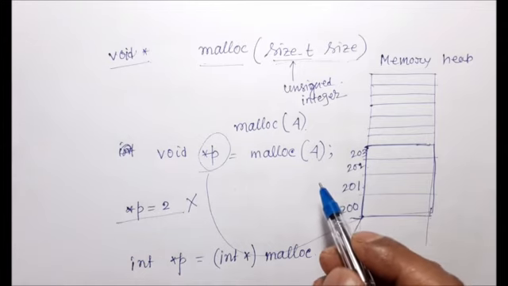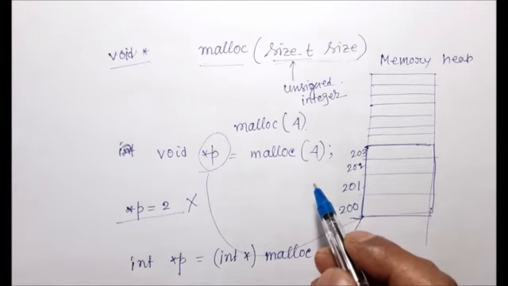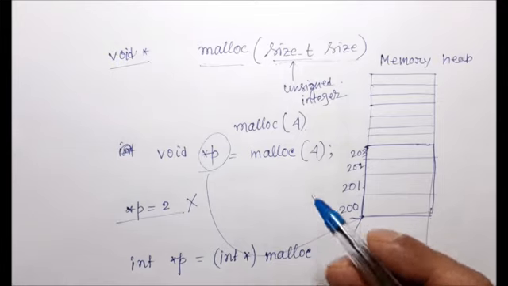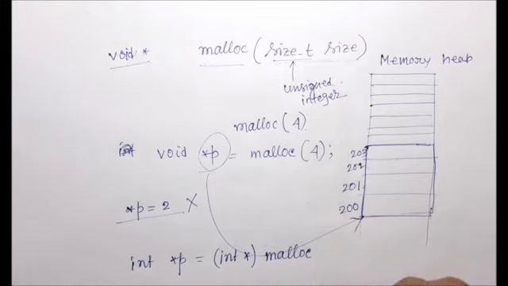To specify the number of blocks in computer memory, the size of primitive data types or other complex data types basically depends on the compiler, how many bytes will be allocated. So it is better to use the sizeof function. Suppose I want to allocate memory for one integer.